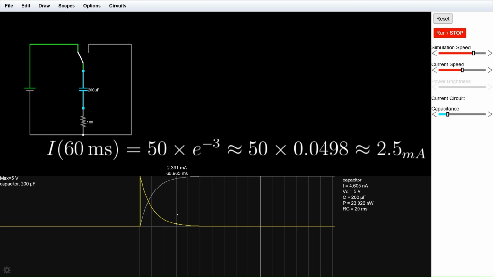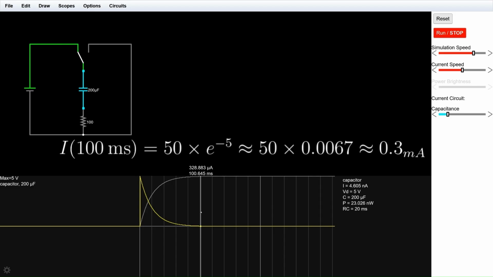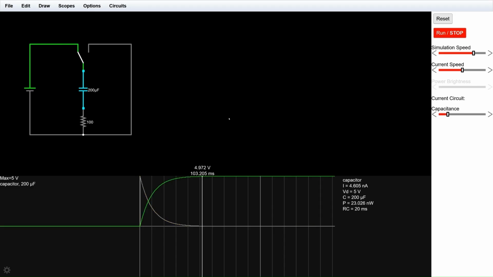Time 60 milliseconds, current 2.5 milliamperes. Time 80 milliseconds, current 0.9 milliamperes. Time 100 milliseconds, current 0.3 milliamperes. In Falstad, you can see the current dropping quickly, almost reaching zero by 100 milliseconds.